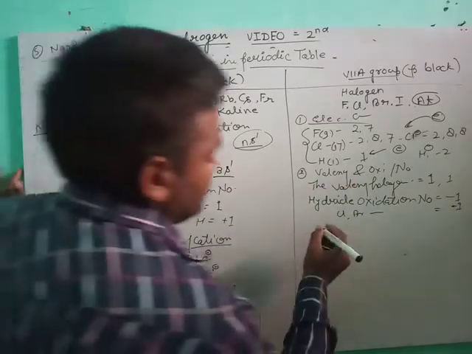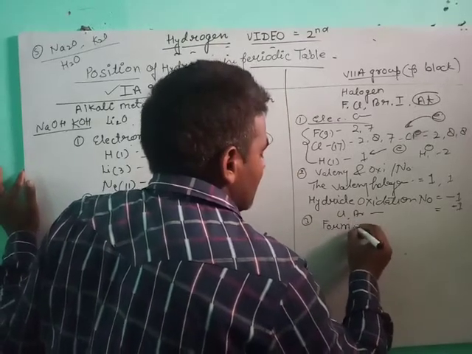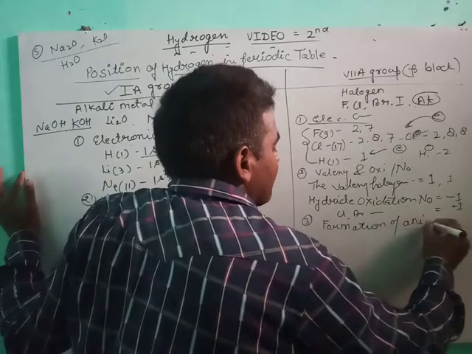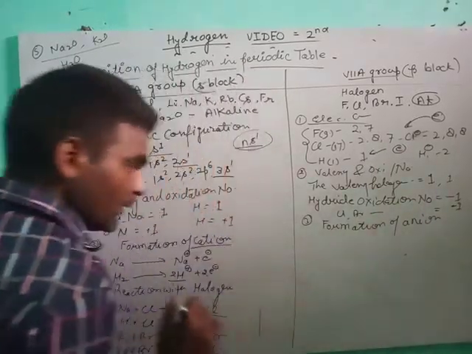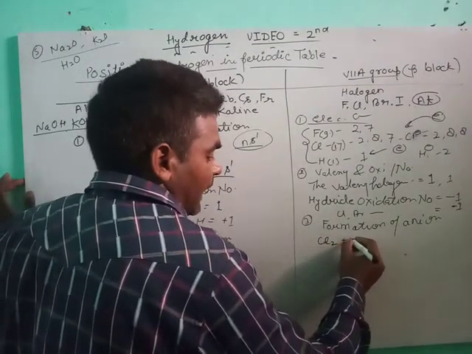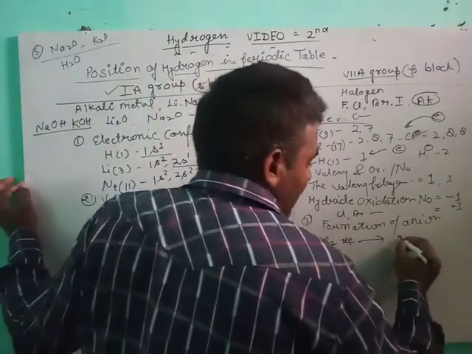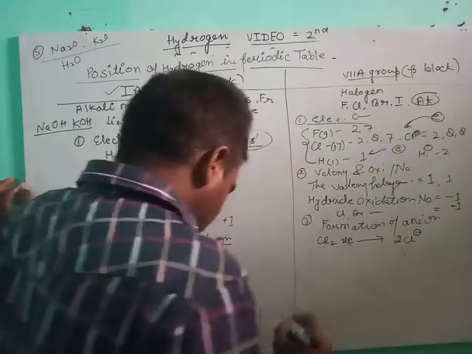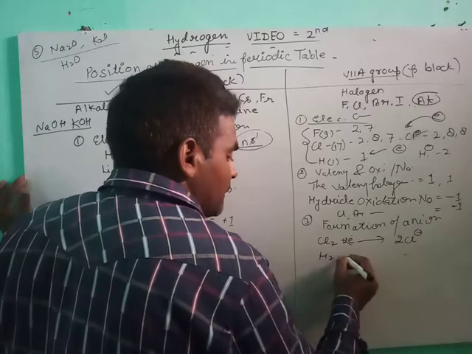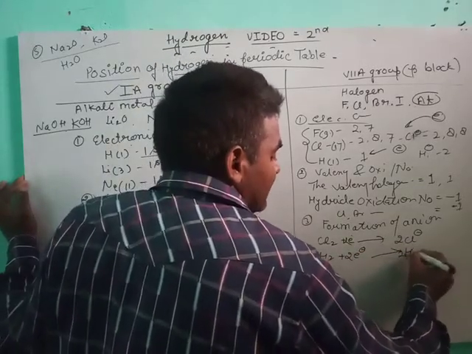And the third is formation of anion. Chlorine accepts an electron and forms chloride ion, and similarly hydrogen accepts an electron and forms hydride ion.